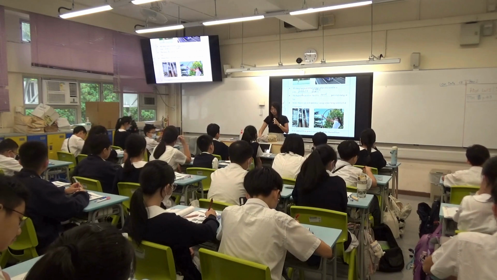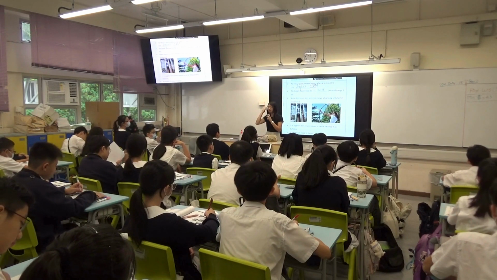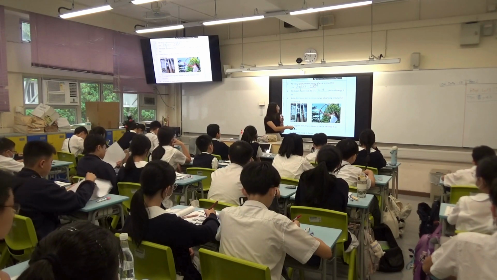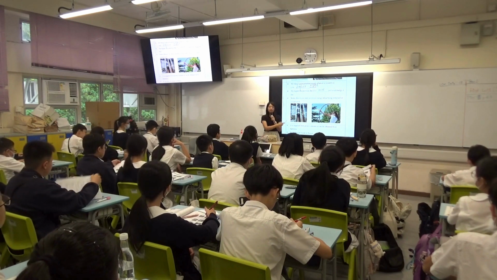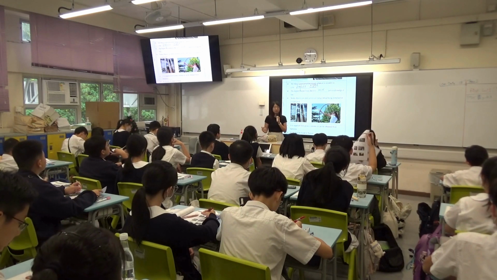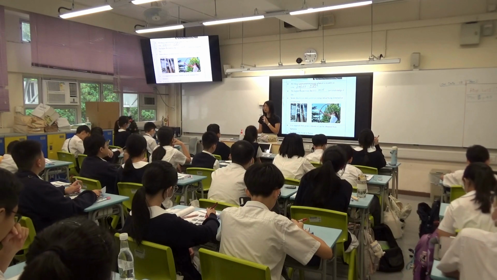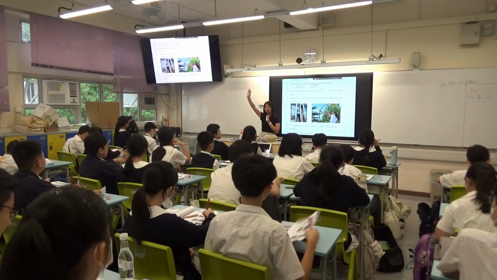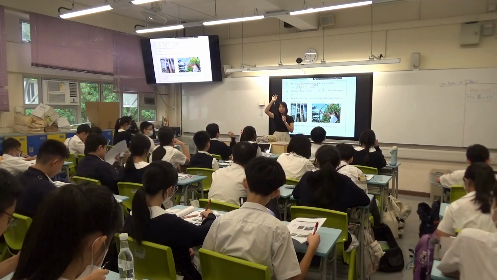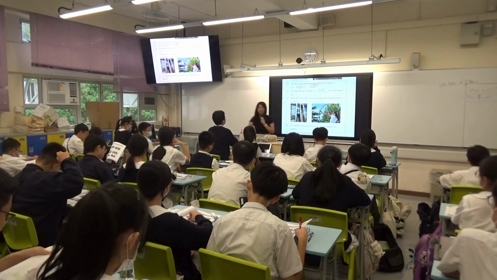And you can see that actually there are two kinds of different potential energy. What are they? How about the first one on the left-hand side, the elevator? What kind of potential energy is it? It has a very special name. Raise up your hand if you know the answer. Yes, gravitational.